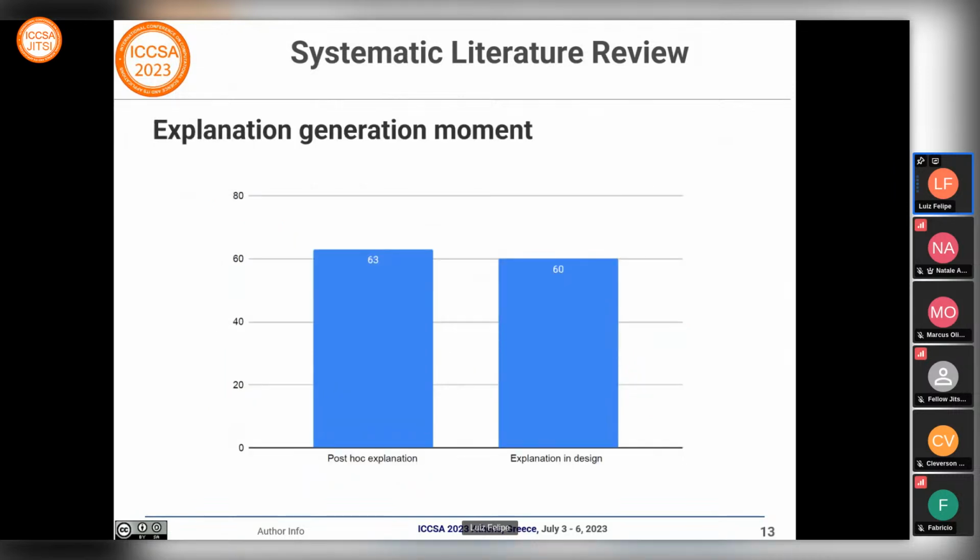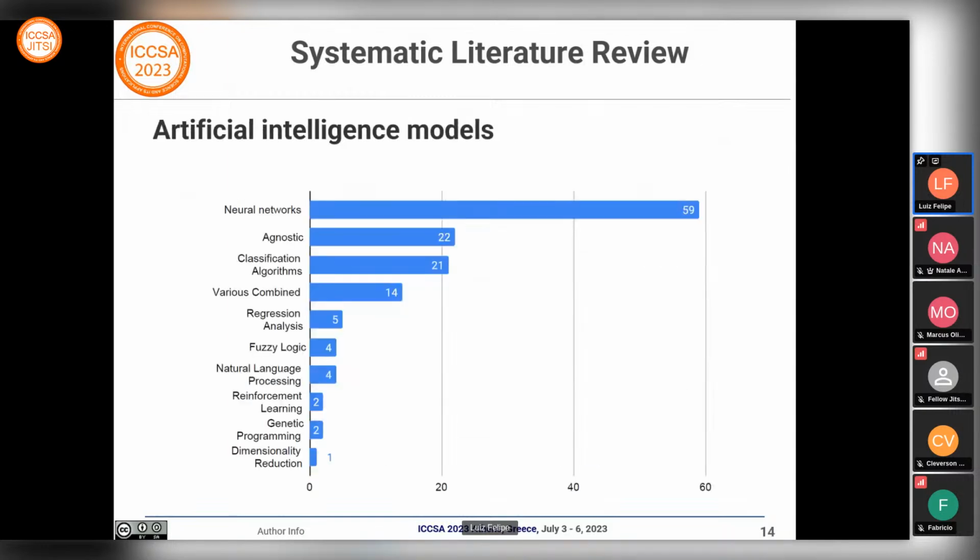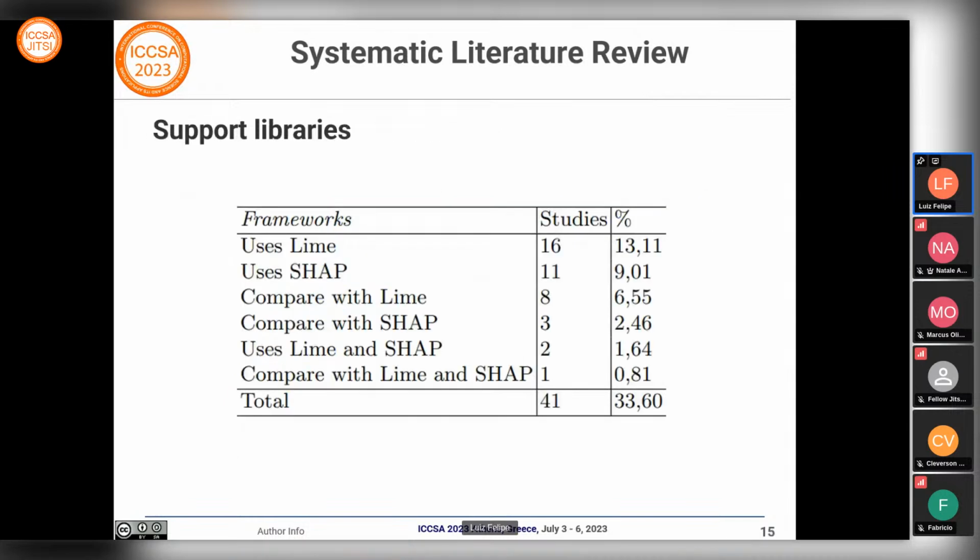A well-balanced split in the timing of the explanation generation. Analysis of which artificial intelligence models are compatible with explainability tools. The explainability supporting libraries identified in the review.